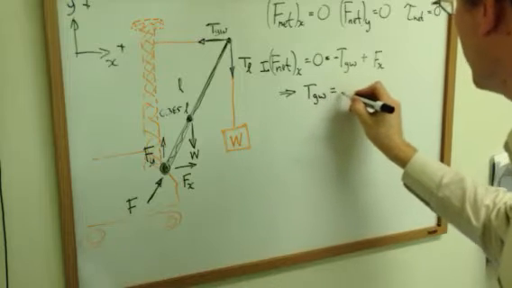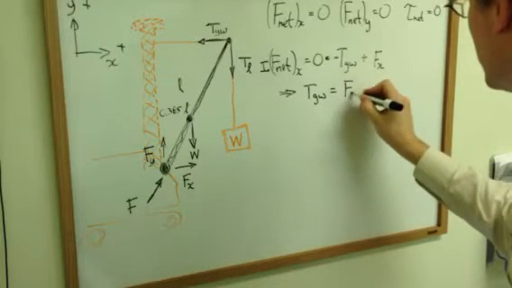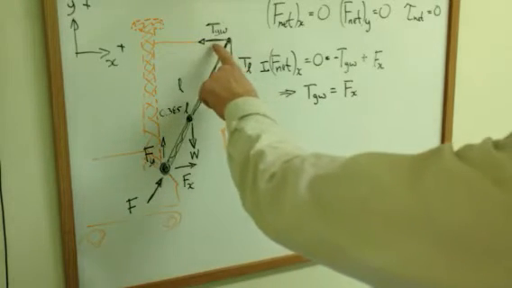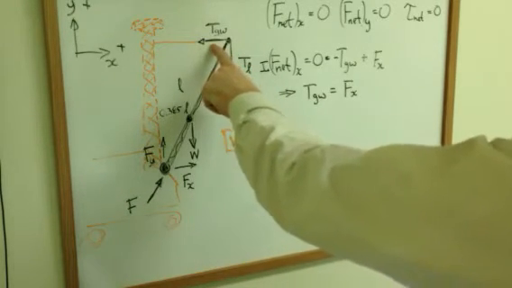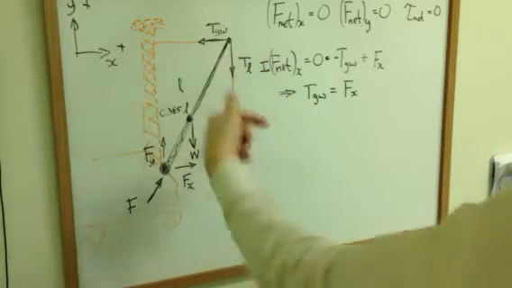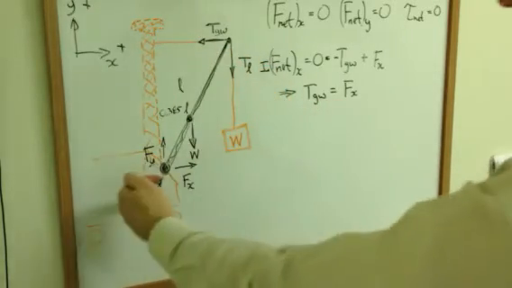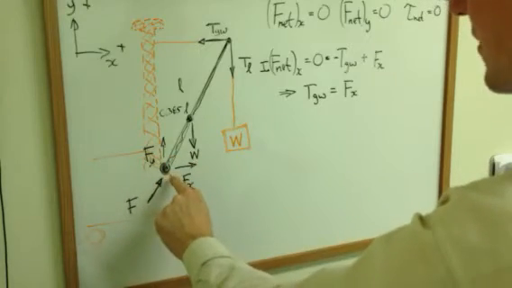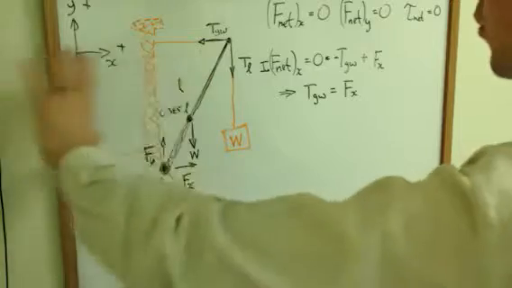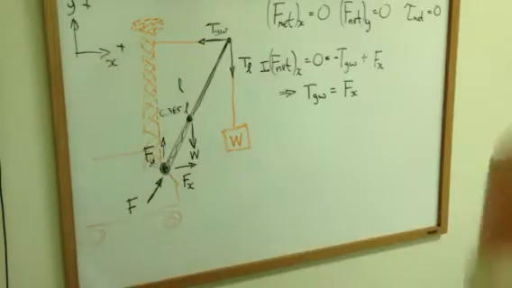So they're equal in magnitudes. That's what this little equation says. So from this one equation, I can tell that the tension in this wire is equal in magnitude and opposite in direction to the force at the bottom of this pivot.